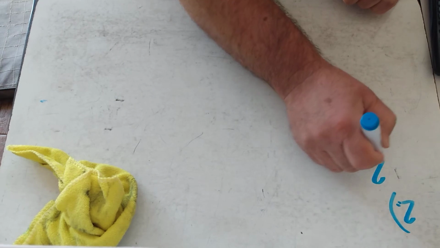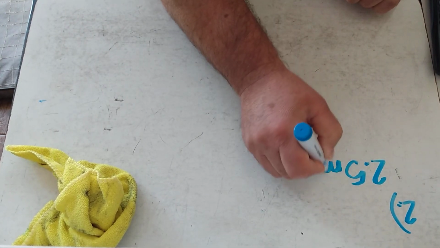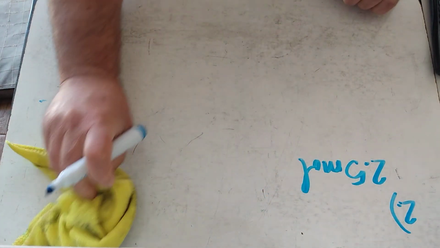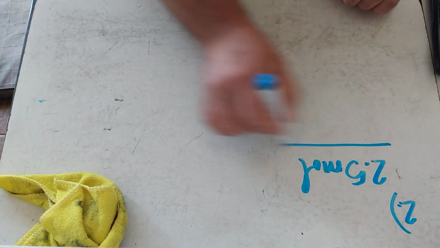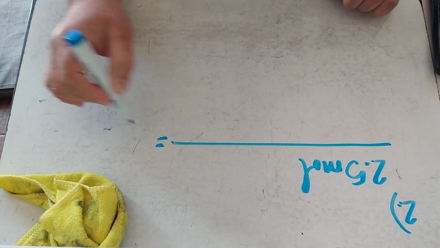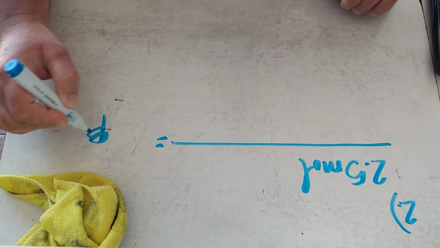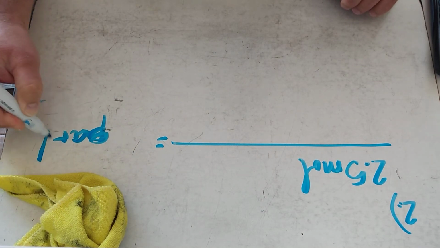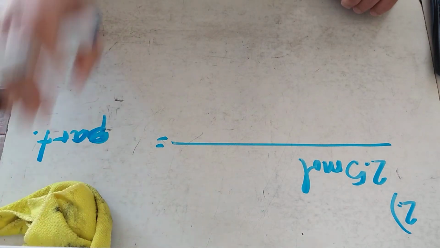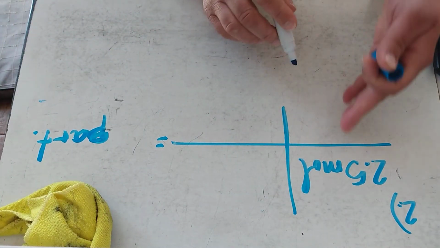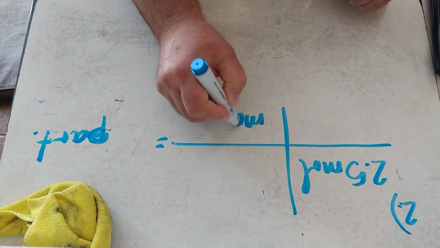All right, in problem 2, we're starting off with 2.5 moles. And they didn't give us a chemical, and they want to know how many particles. How many particles? Well, we don't want mole, so mole automatically goes on the bottom.